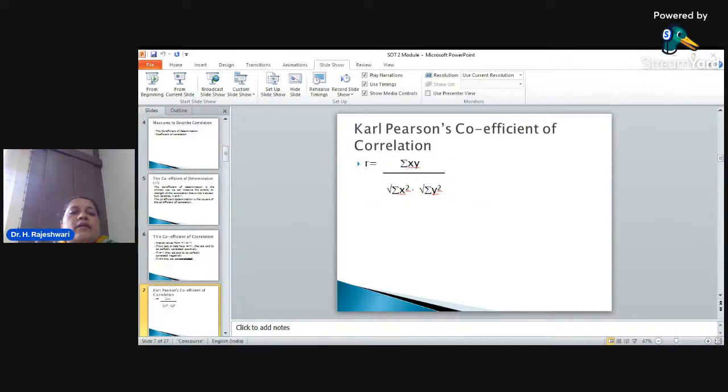Now, how do you calculate the correlation? To find out the correlation, we are using two different methods. One is Karl Pearson coefficient of correlation method. The other method is rank correlation coefficient method. Let us first see this Karl Pearson coefficient of correlation.